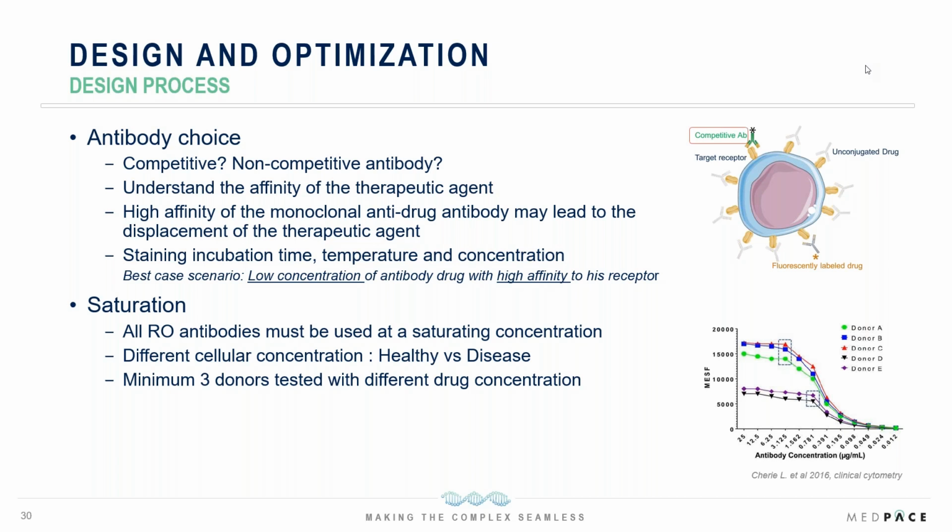Regarding the saturation, all receptor occupancy antibodies must be used at a saturating concentration because we really want to bind all the available binding sites. So we really want to find the optimal saturation concentration between different cellular concentrations. For example, we want to compare healthy versus disease samples. And in that case, I think that the minimum number of subjects that you need to use is 3 because you can have donor-to-donor variability.